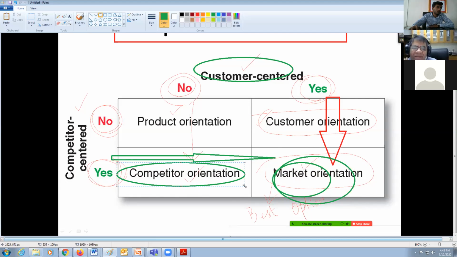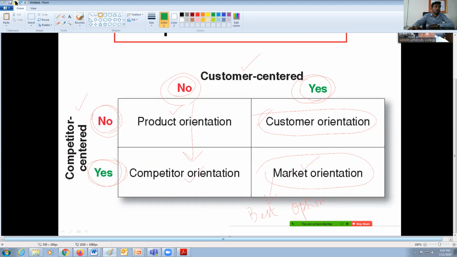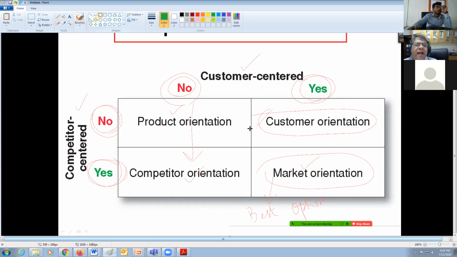That is not correct, because you may not be able to sustain it. What is most important is what the customer wants.